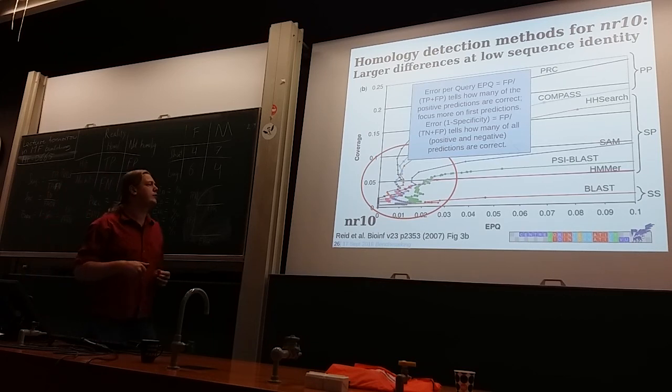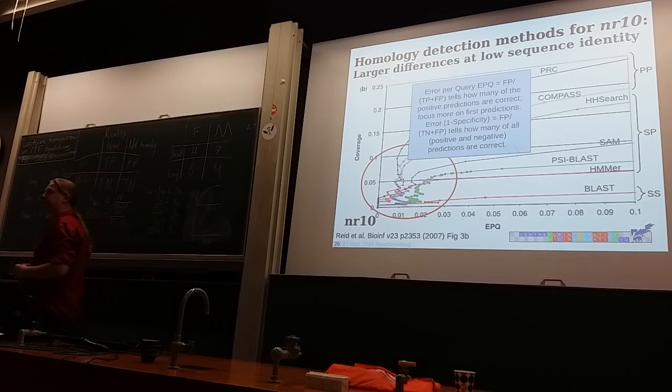These points reflect different thresholds for the methods. So when you slide your threshold up, you will change the predictions for one or several proteins from negative to positive. And then what you see here is that with the best methods, TRC and Compass, you make relatively few errors per query for relatively much coverage.